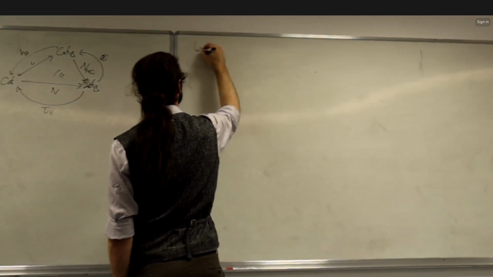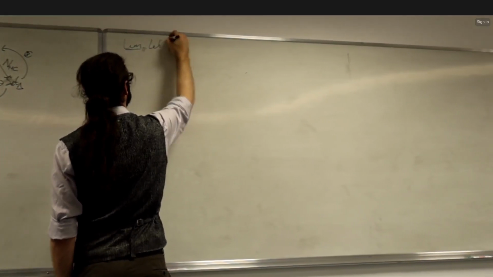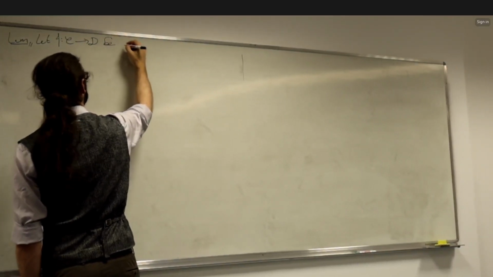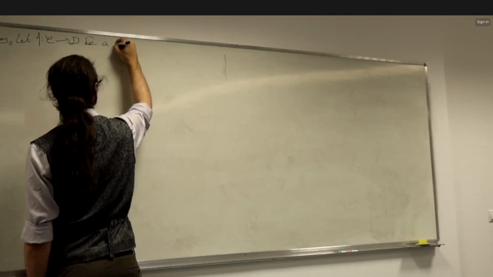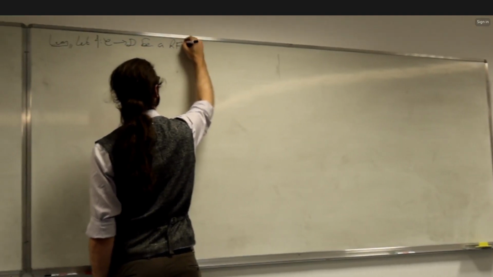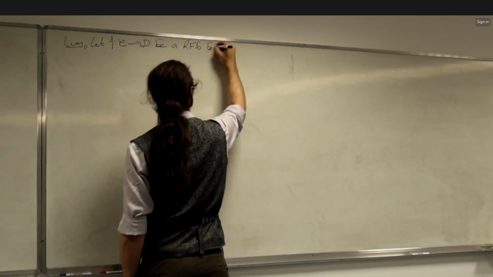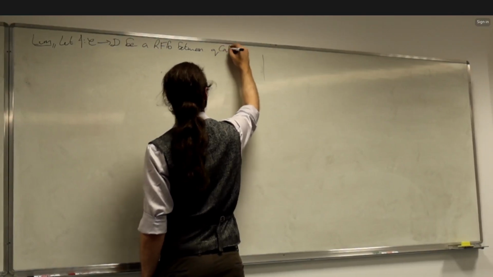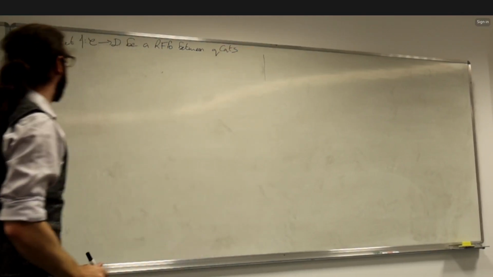Lemma: let pi from C to D be a right fibration between quasi-categories.